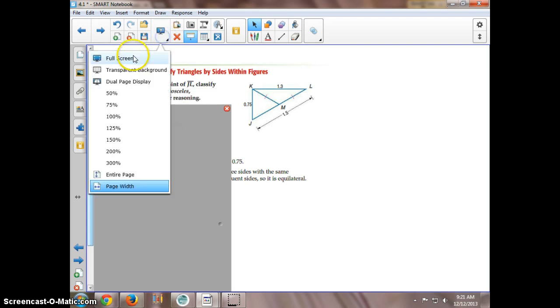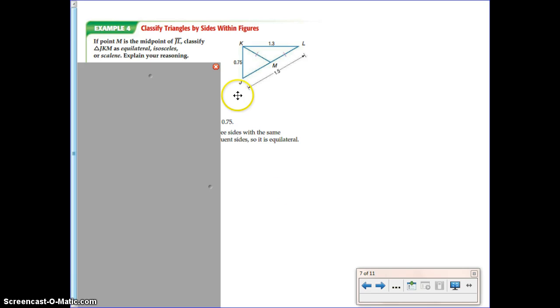All right, now let's use that information. For example 4, if M is the midpoint of JL, then we need to classify triangle JKM, not the big triangle, sorry, JKM is this triangle over here, as either equilateral, isosceles, or scalene.